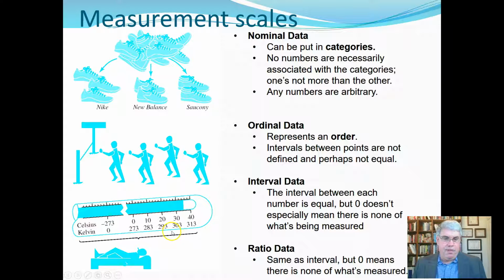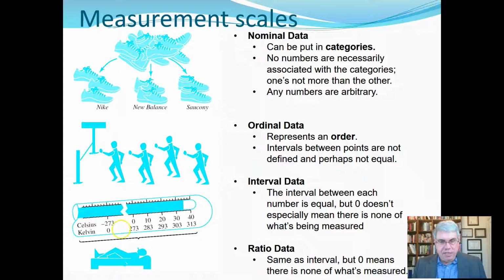Whereas 300, which is kind of around room temperature, would be 300 degrees above, and we could say that 300 degrees is twice as much as 150 degrees. The atoms are moving twice as fast, or they're having twice as much energy, something like that.